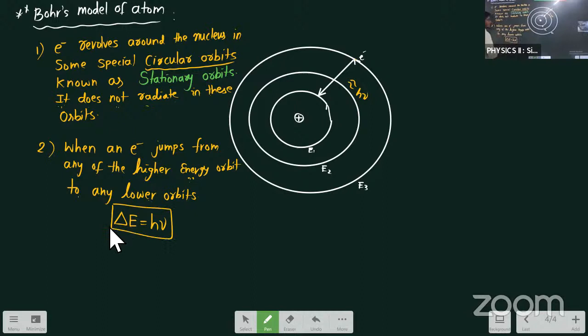This was the second postulate given by Bohr.